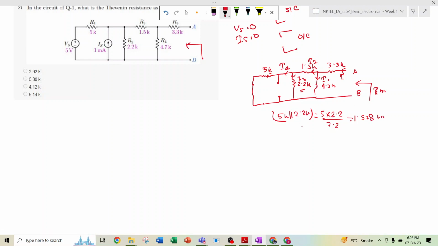So now the circuit is reduced to 1.528 kilo ohm, 1.5 kilo ohm, 4.7 kilo ohm, and 3.3 kilo ohm. Now 1.528 and 1.5 are in series, because whatever current flows from this side, the same current will flow through this resistance also. Just one second.